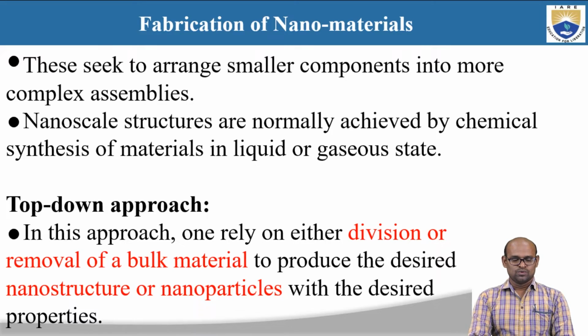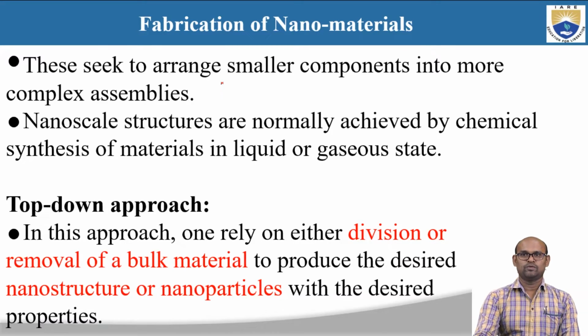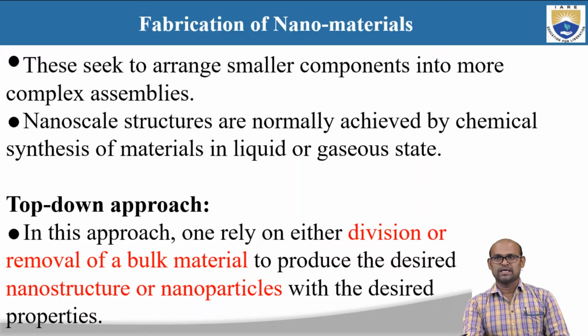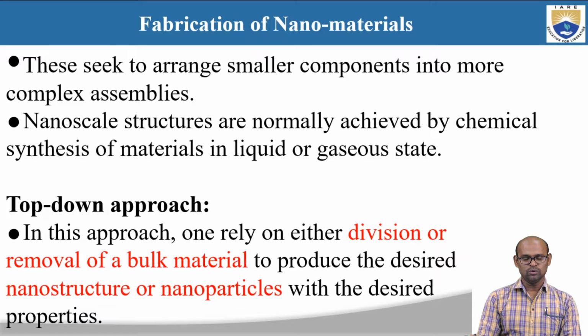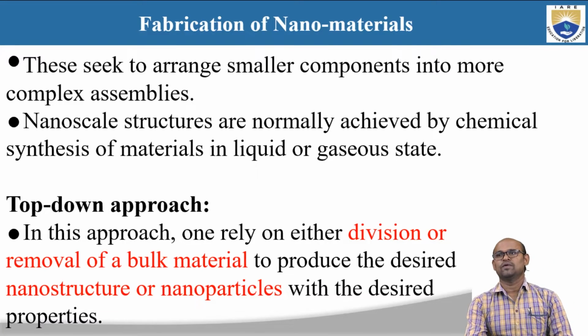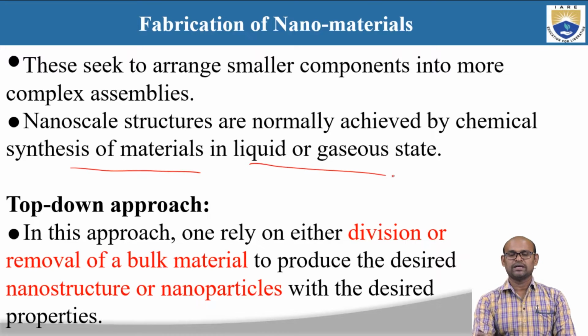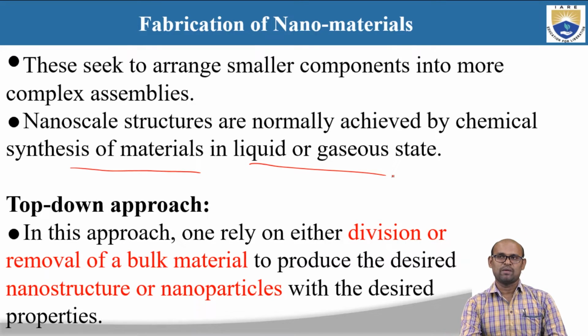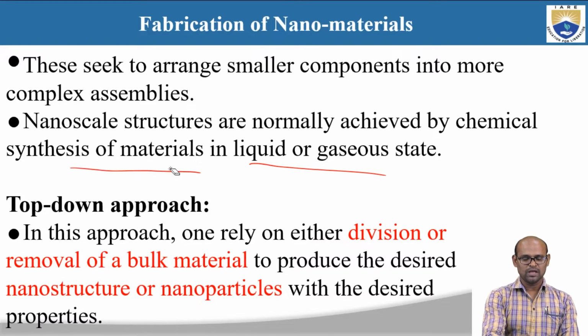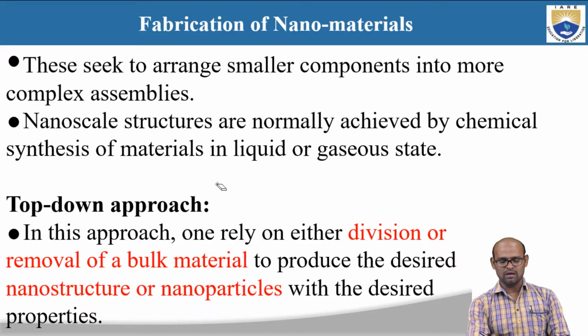So when we say bottom-up approach, small scale particles or atoms group together into complex nanomaterials because of principles of chemistry or molecular recognition, and these nanoscale structures are normally achieved by chemical synthesis of materials in liquid or gaseous state. We can fabricate these nanomaterials using atoms or molecules when they are in liquid or gaseous state. So this is about bottom-up approach.